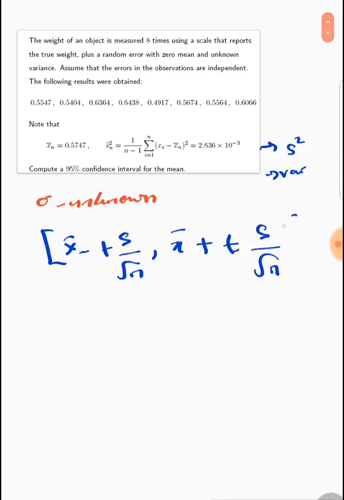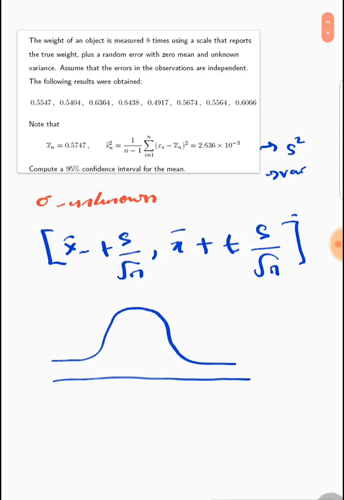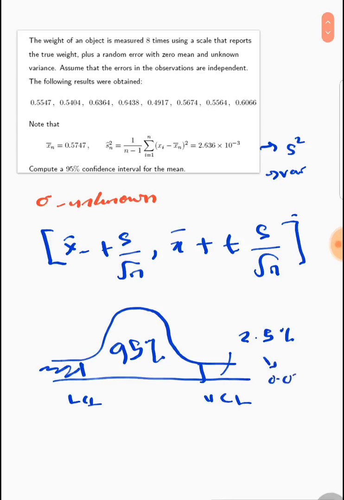Again, if I draw this out, I'm talking about a 95% confidence interval, which means I still need to find my LCL and my UCL, and this gives me 2.5% in each tail, which translates into 0.025.